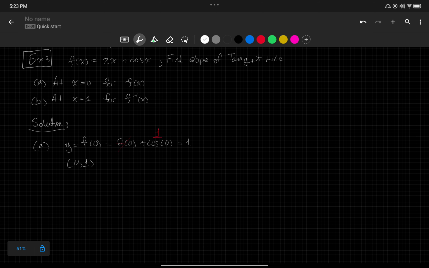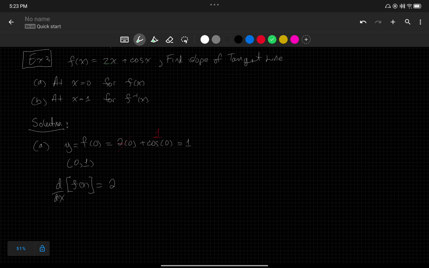Okay, so now that we have the point, let's go ahead and invoke the derivative, because that's how we find the slope of the tangent line. By definition, the slope of the tangent line is given by the derivative. So let's go the derivative of the function. Pretty easy. The derivative of 2x is just 2.